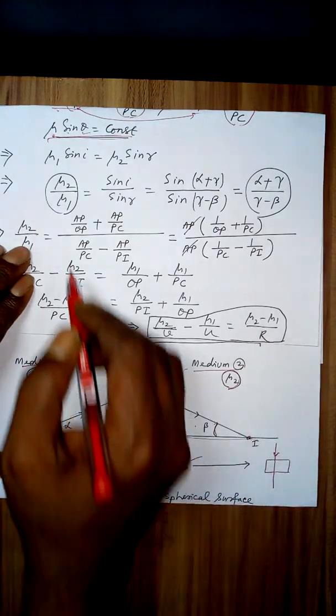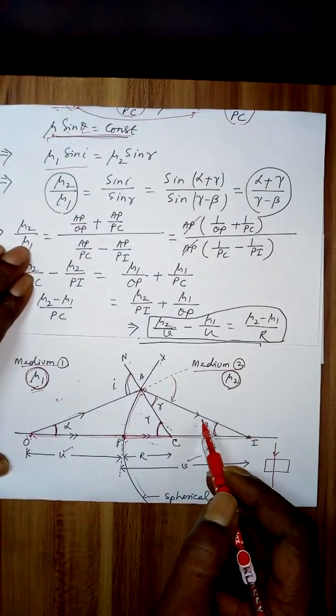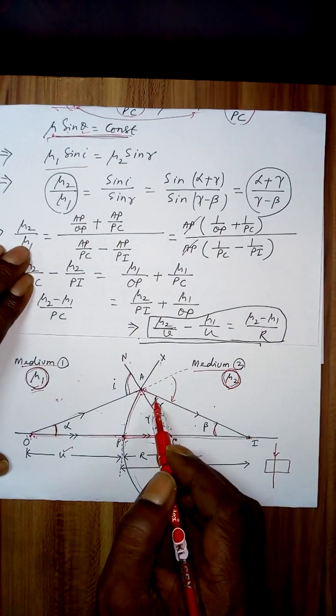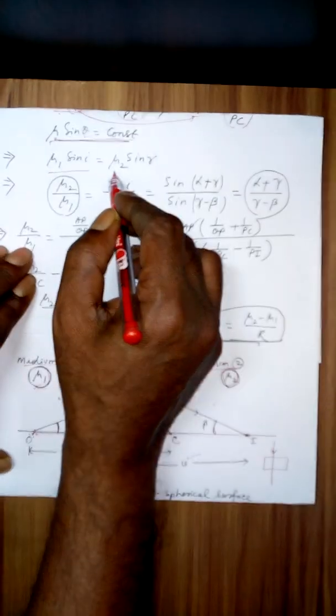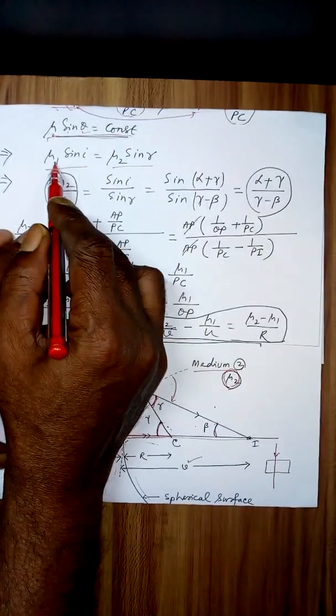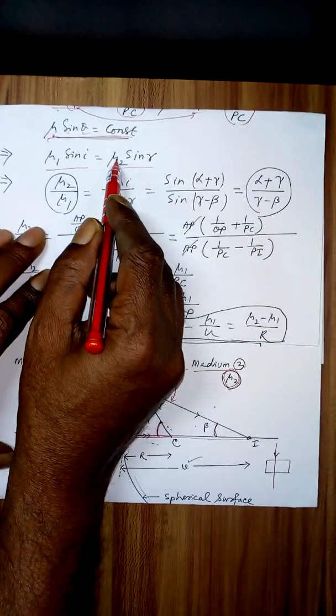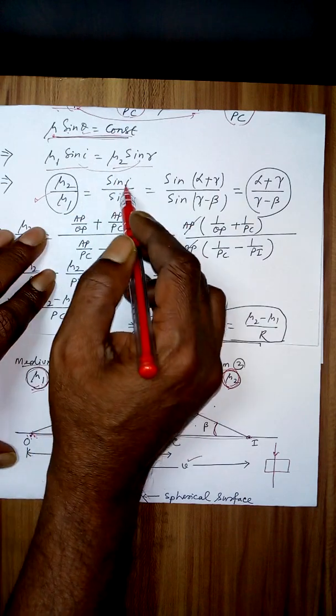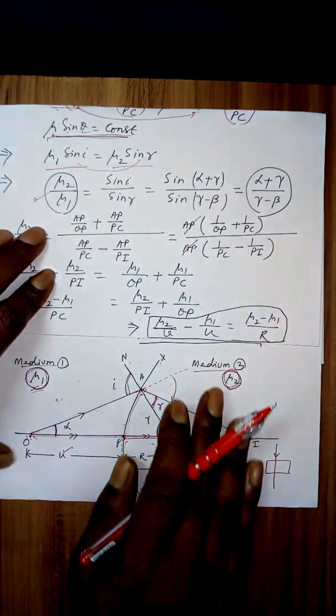So mu1 sin i is equal to, for this, refractive index mu2 and angle r, mu2 sin r. So I take mu1 to this side, so mu2 by mu1 is equal to sin i by sin r.